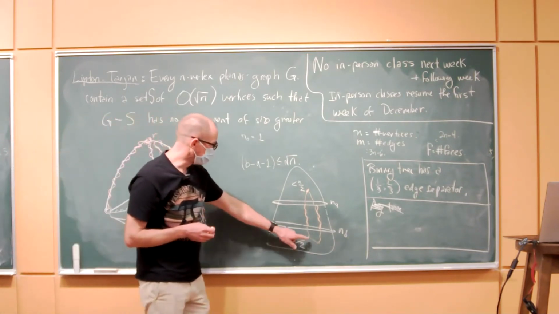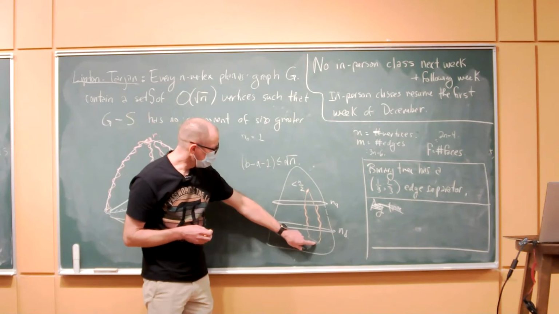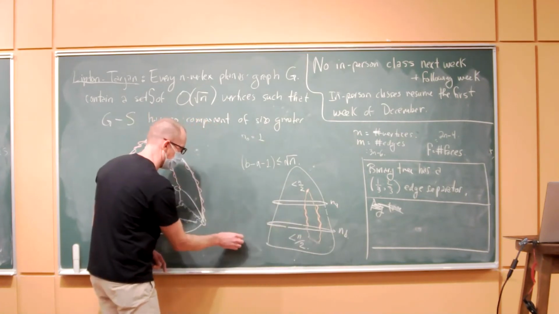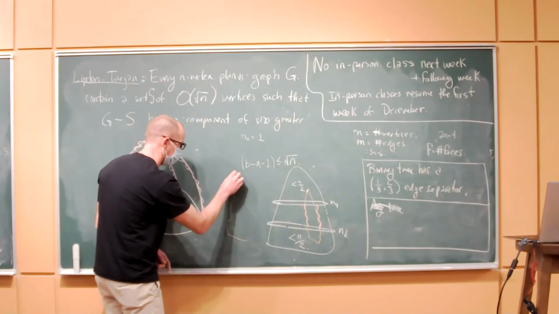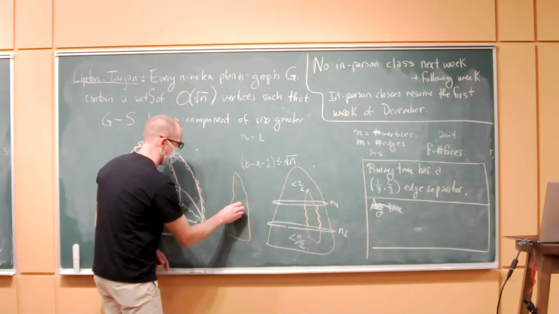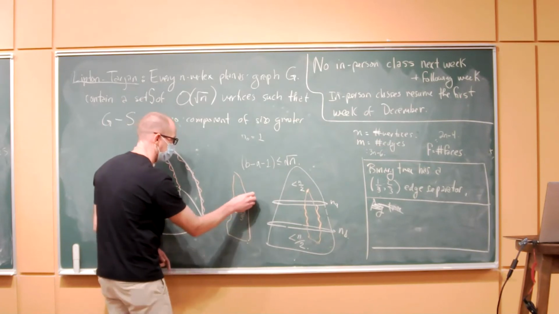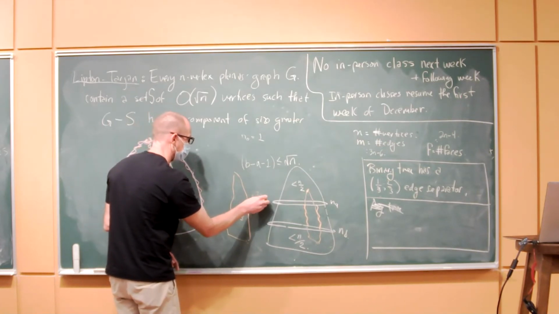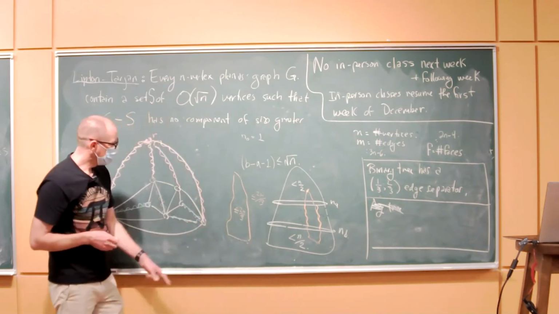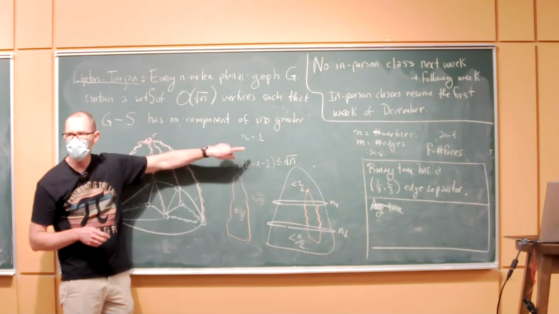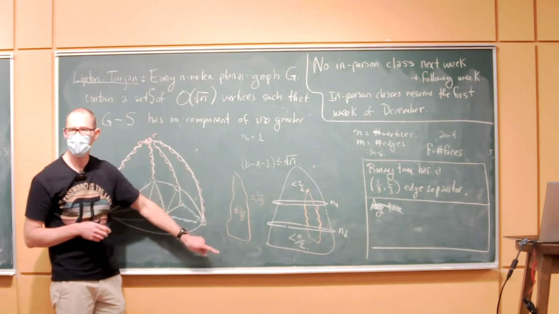And in particular, forgetting about the NA and NB for now, if I could manage to pick this cycle so that there's less than or equal to 2n over 3 vertices inside and less than or equal to 2n over 3 vertices outside, then the cycle by itself would have been a separator, but maybe it's too long, too tall.